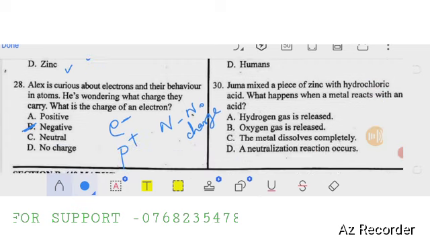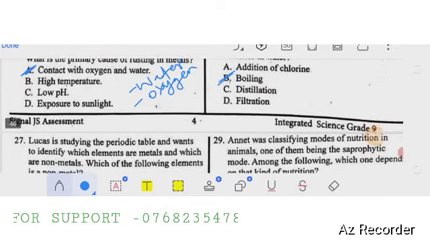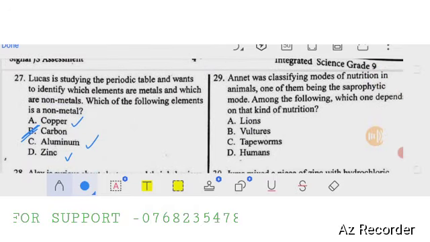From there we go to question 29. Annette was classifying modes of nutrition in animals, one of them being the saprophytic mode. Among the following, which one depends on this kind of nutrition? The saprophytic mode of nutrition is where animals feed on dead, decaying matter.